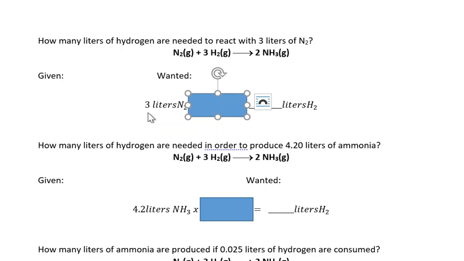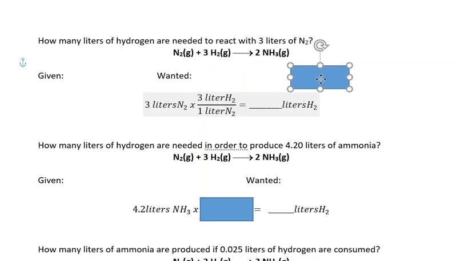We can determine the number of liters of hydrogen if we have 3 liters of nitrogen simply by the ratio of our coefficients up here. So for every 1 liter of nitrogen, you're going to consume 3 liters of hydrogen. And so in my denominator there, I will have 1 liter of nitrogen, 3 liters of hydrogen, and now I can solve for liters of hydrogen.